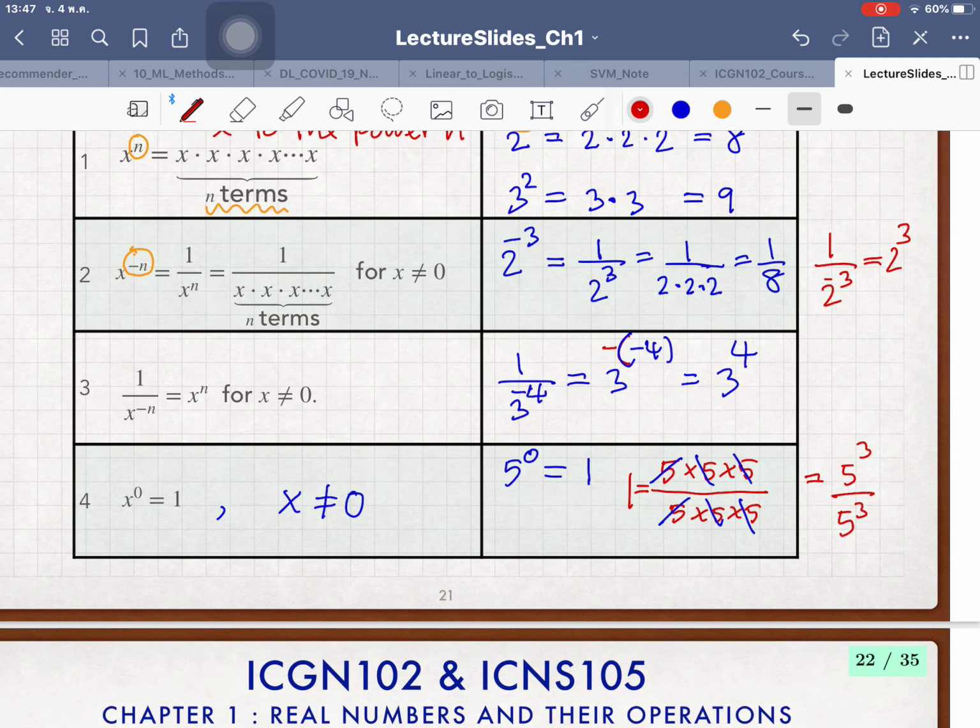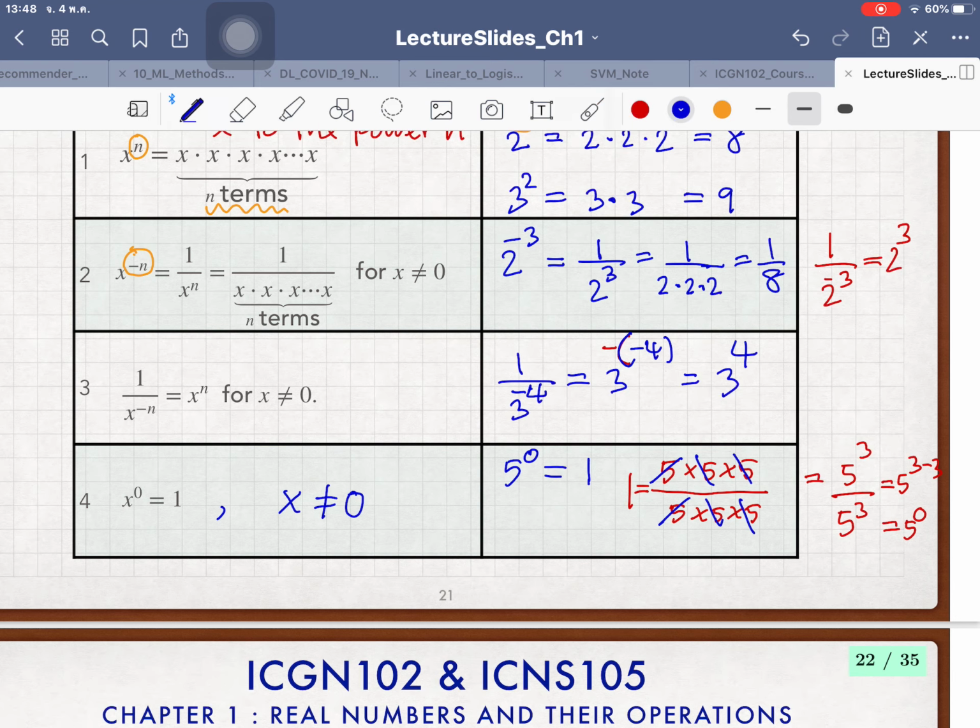When you have 5 to the power 3 divided by 5 to the power 3, you can take it to be 5 to the power 3 minus 3, and this gives you 5 to the power 0. So that's why 5 to the power 0 will give you 1. Actually, to combine these powers, we need to know some other rules, and I will talk about those rules later in the next slide.